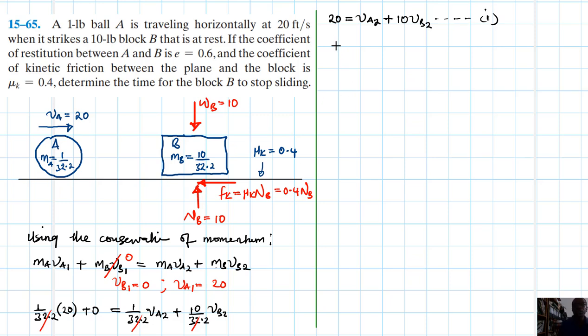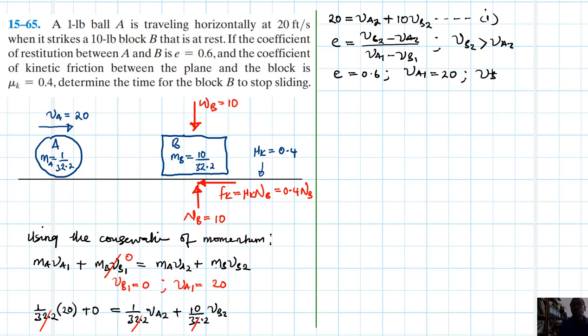Now let's develop another equation. We've been told that e is equal to VB2 minus VA2, divided by VA1 minus VB1, assuming VA1 is greater than VB1. Our e here is 0.6, our VA1 is 20, and our VB1 is 0.